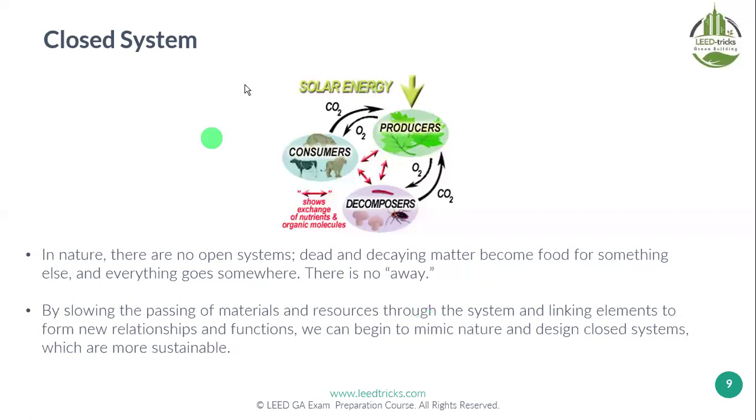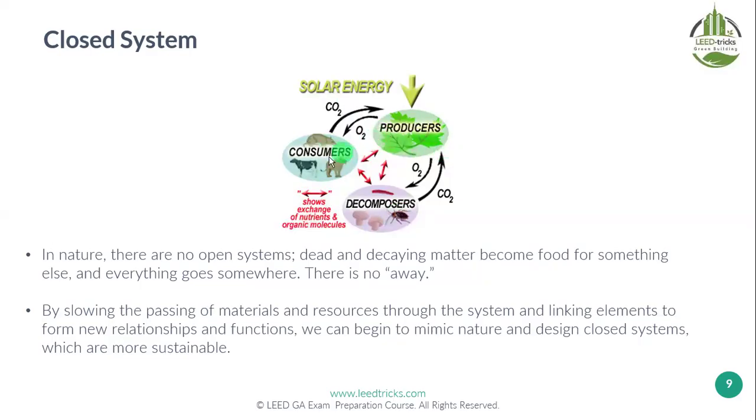Like what you can see here, the closed system is something like the water cycle, as I said: rain, then infiltration in the soil, or going to the lakes and rivers, and then evaporation, and then again clouds, again rain. So this is a closed system. Also, our life here on Earth. Animals eat plants.